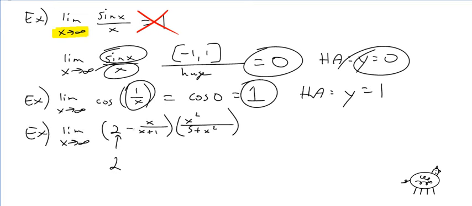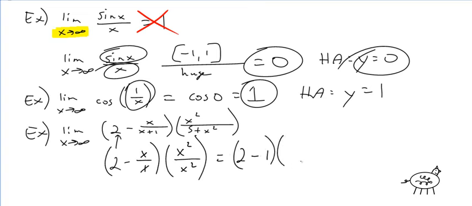Then the next one, as x approaches infinity, isn't that just x over x? So it's minus x over x. And then x squared over x squared, right? That 5 doesn't really matter. So we have 2 minus 1 times 1, and that gives us 1 times 1, or 1.